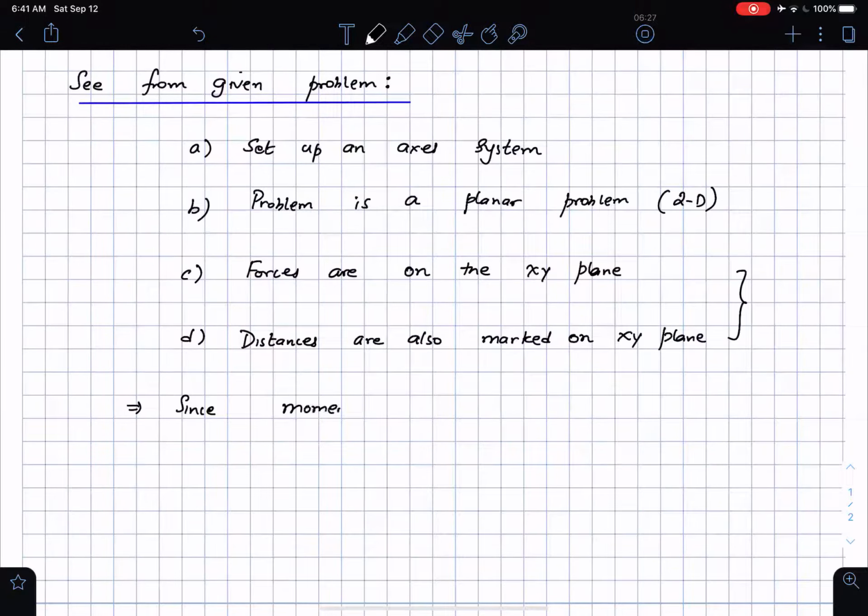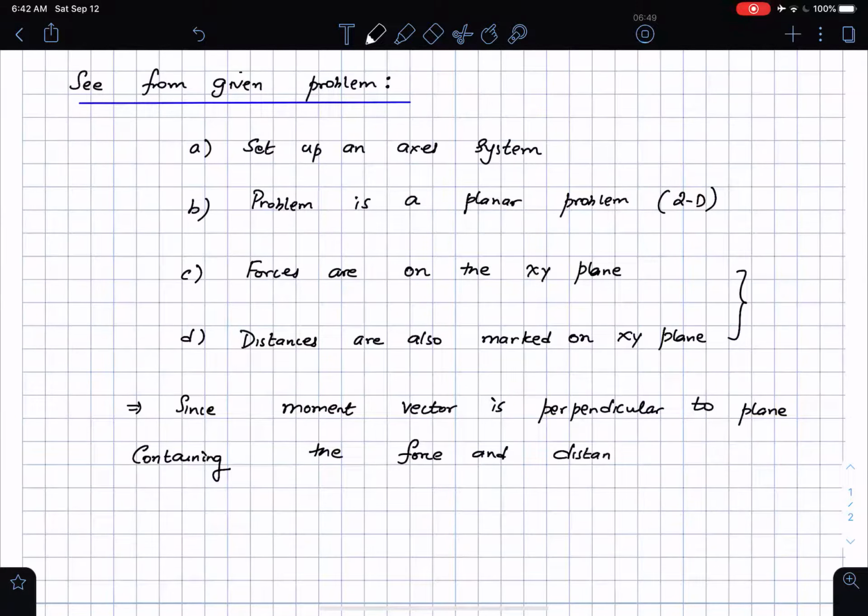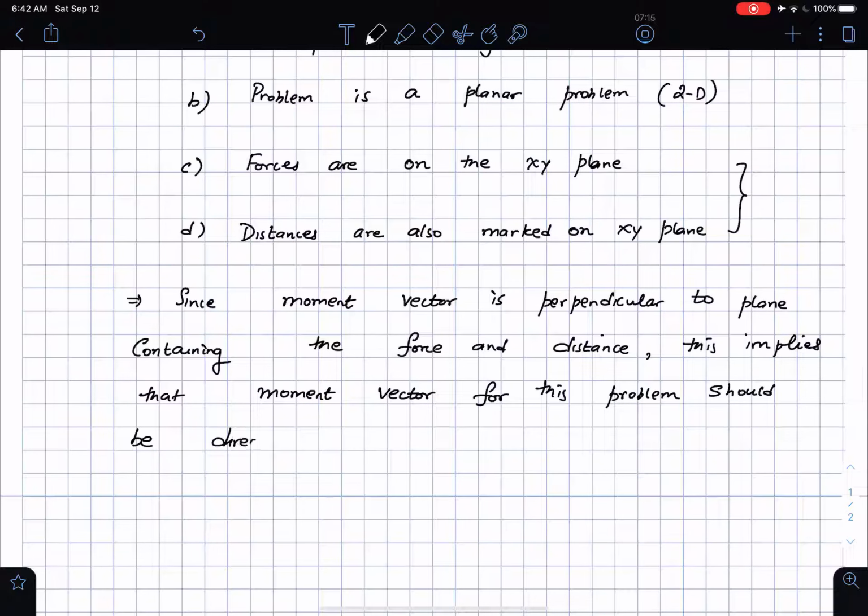Since moment vector is perpendicular to the plane containing the force and the distance, this implies that the moment vector for this problem should be directed along the z-axis.